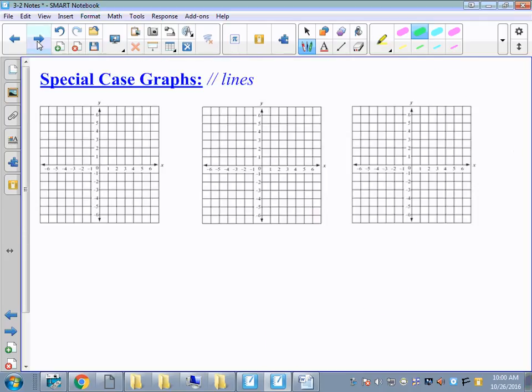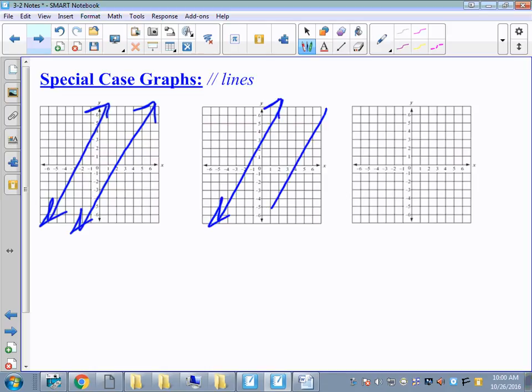One of the issues we have is parallel lines. When we graphed and solved a system of equations, we knew that parallel lines was going to give us no solution. But in this particular case, I've got 3 scenarios to show you. Let's just throw down 3 sets of parallel lines. And there's times where it will be no solution, but there's going to be times where there is a solution. So the first case is what if, let's go ahead and use some colors.